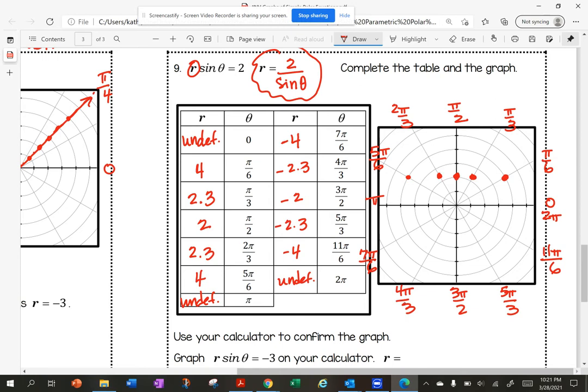At 11 pi over 6, the radius is negative 4, so it is the same point as 5 pi over 6. And then at 2 pi, it's undefined again. So what I see is I have a horizontal line. Okay, so here's my horizontal line.